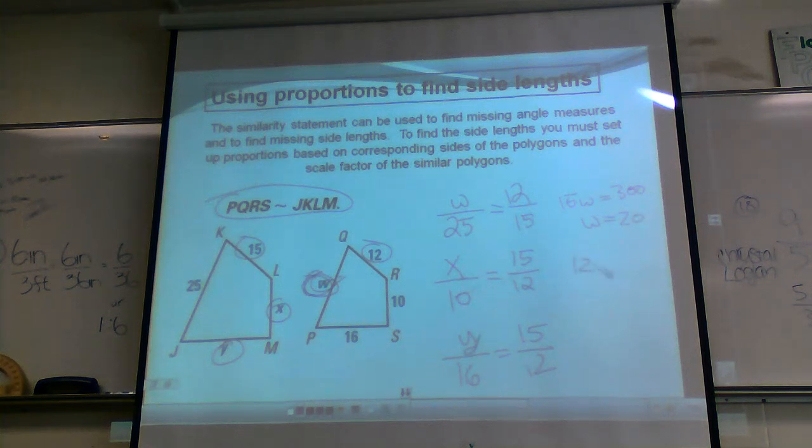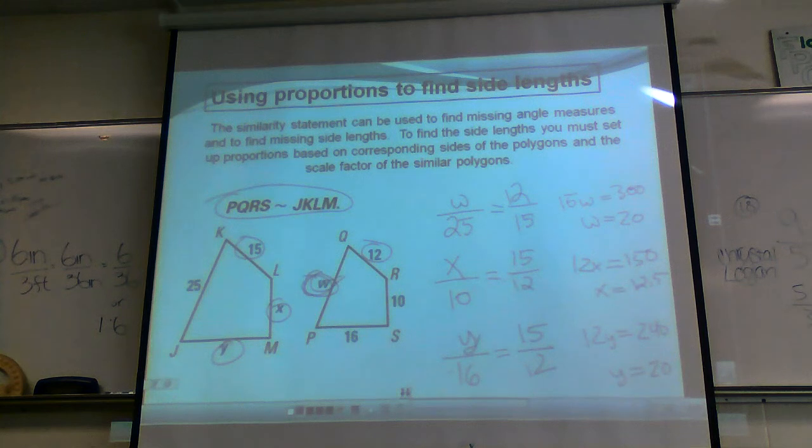And we got 12x equals 150. 150 divided by 12. And 15 times 16 is 240. And then 240 divided by 12 is? 20. Okay. So those would be your answers.